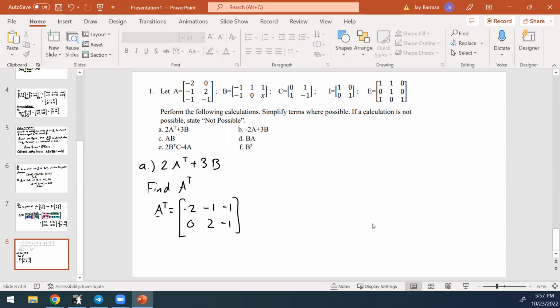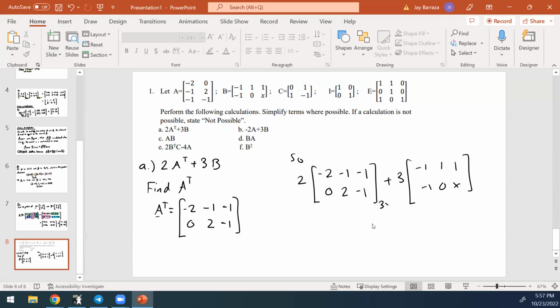So 2 times that, plus 3 times [-1, 1, 1; -1, 0, x]. So this is 3 by 2, sorry, backwards, 2 by 3, and this is 2 by 3. So this and this are good to go. They are the same size. If they were different, I could just say not possible because you wouldn't be able to add them together.